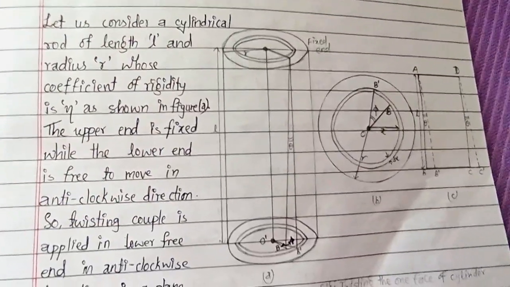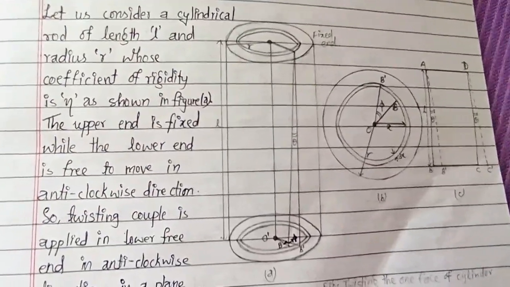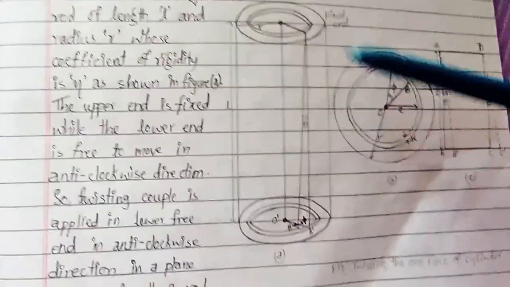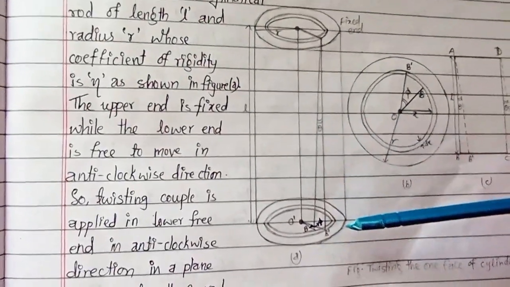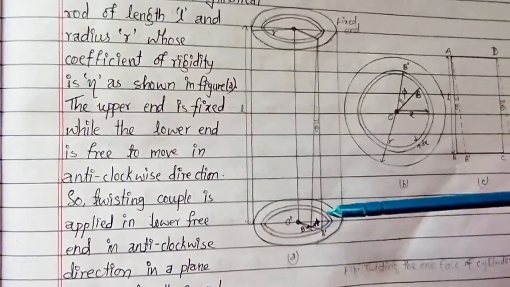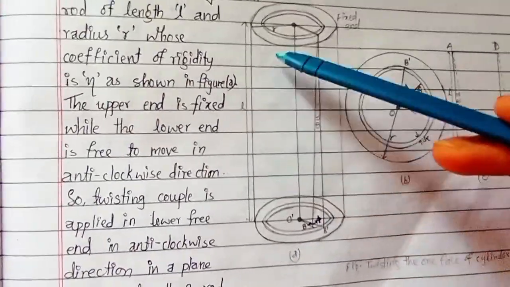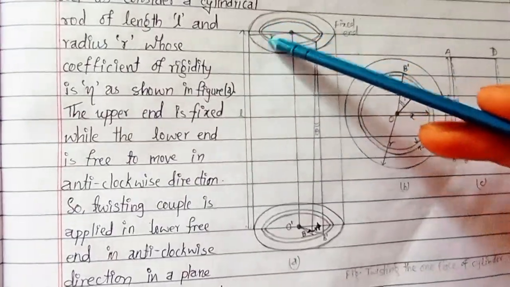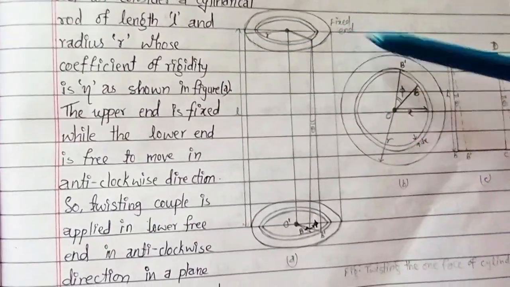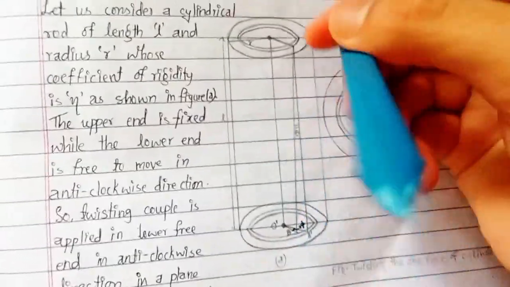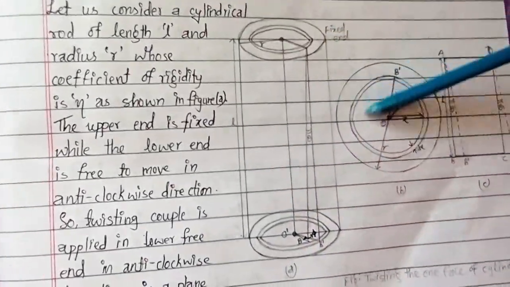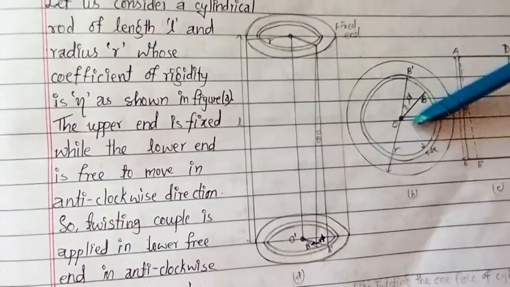You can see the figure clearly looks like this. So this is the whole cylinder, this one is the axis, and when we move the thing we'll get angles, and I will talk about it. The length is L, radius is R, and this is the fixed end. This is the part when you move this cylinder like this, and the image you see is like this.